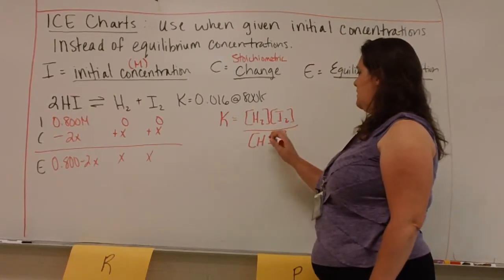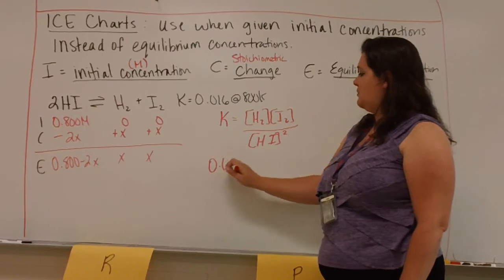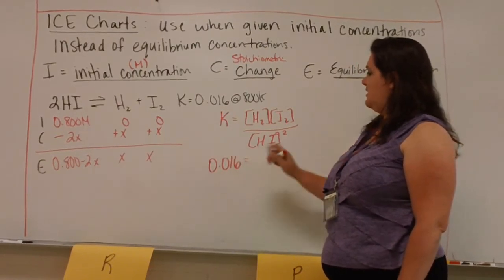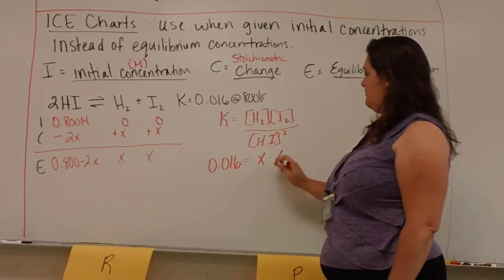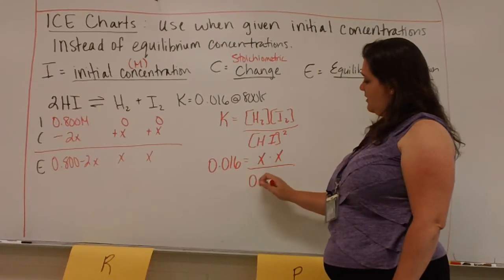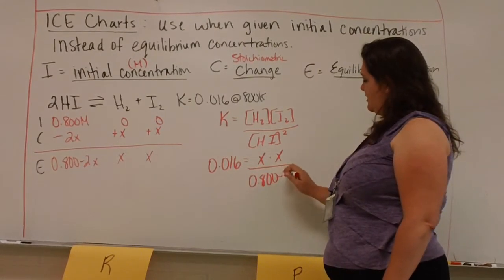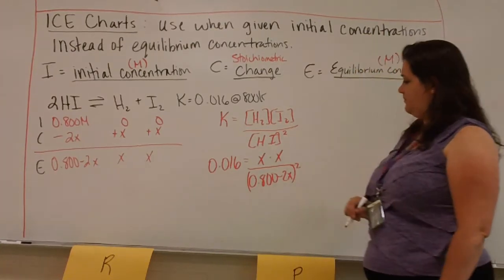And so that would be squared. And then we'll plug in our values. We're told that K is 0.016. That's equal to the value of equilibrium for H, which is X, for I is also X, and then for HI would be 0.8 minus 2X, squared, because that was squared.